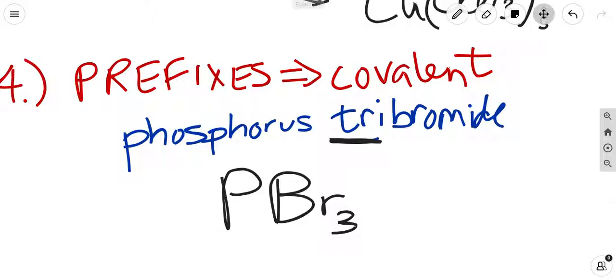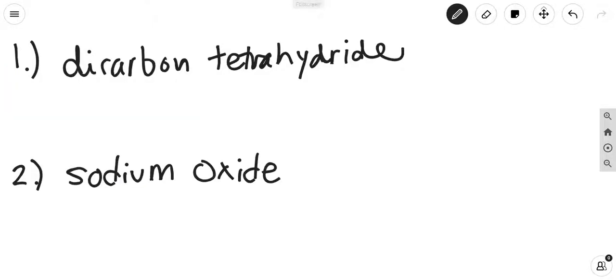All right. So let me give you some examples, and then you can go ahead and tell me what they are and what the charge is, or what their symbols are. Okay. All right. So here are 2 examples. What I want you to do, I want you to figure out whether or not it's ionic or covalent. And kind of like off to the side, write the reason why.